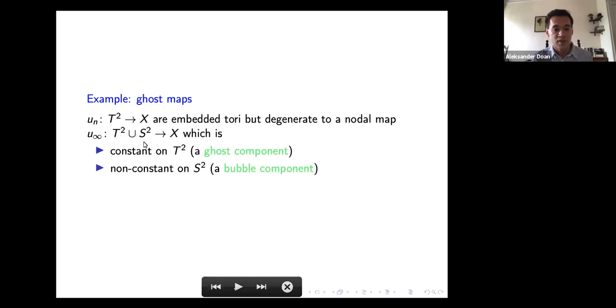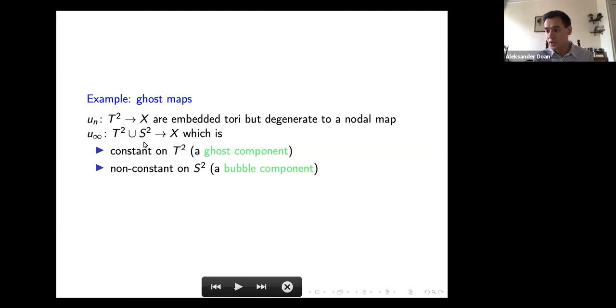Geometrically, a sequence of embedded tori degenerates, so the images of these maps degenerate to a sphere which is not embedded but has a singular point, where all the genus collapsed. The homology class is preserved.